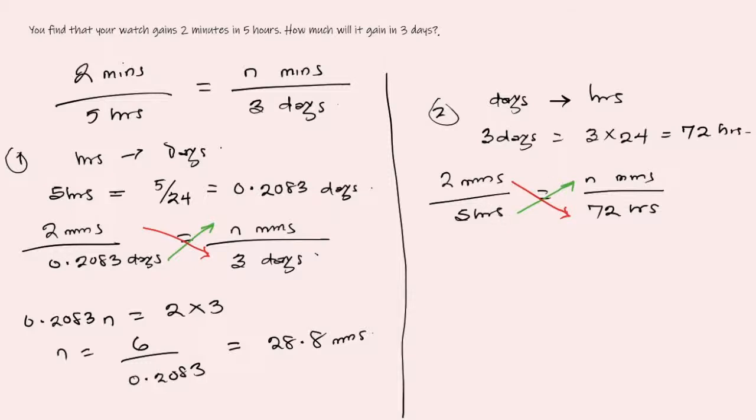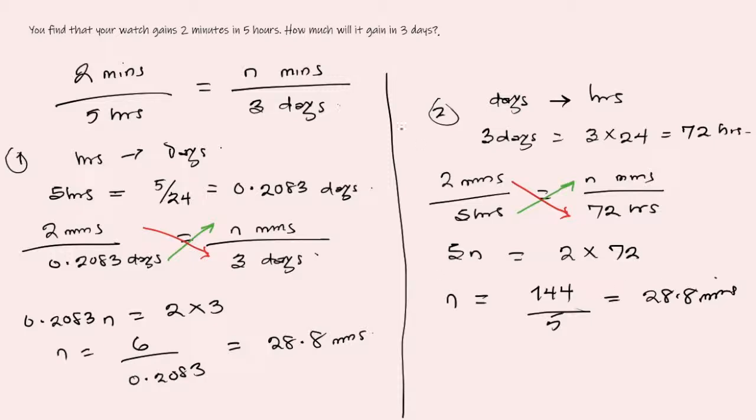So 5 multiplied by n is equal to 2 times 72. So n equals 2 times 72, which is 144, divided by 5. And that is equal to 28.8 minutes.